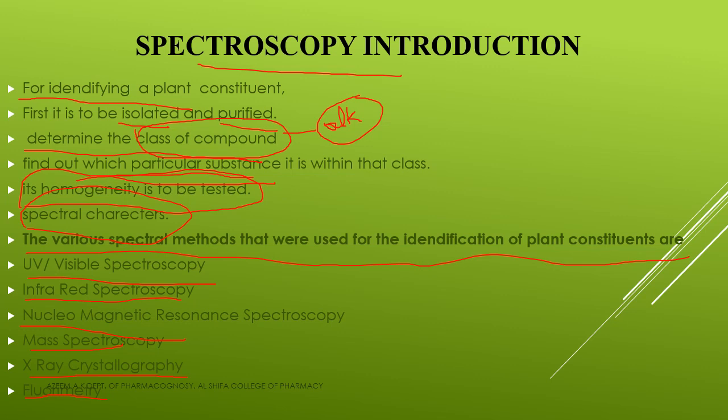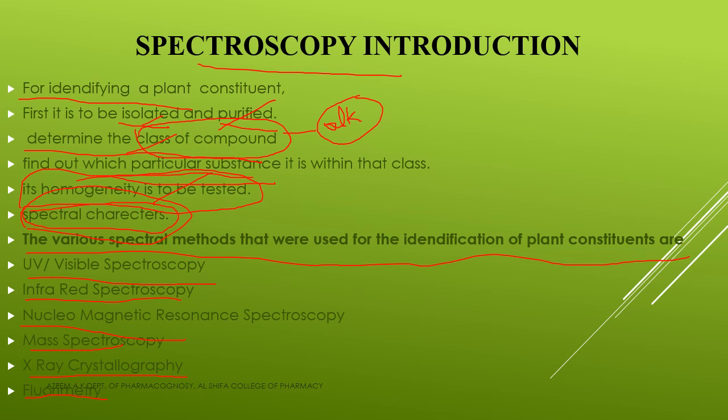Clear? So now why did we study all this, why do we use spectral techniques? It is for this purpose. So here for identifying a plant constituent, first you have to isolate, then it should be purified, then determine the class of compound, then find out which particular substance is that one in that class. And all this information can be obtained with the help of various spectral characters.